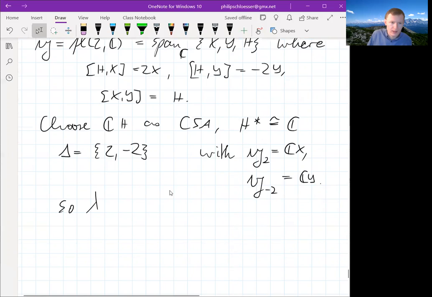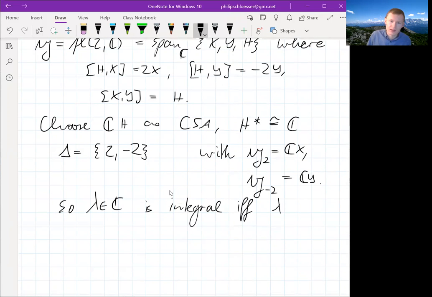So lambda is integral if lambda is an integer, which is why it's called integral.